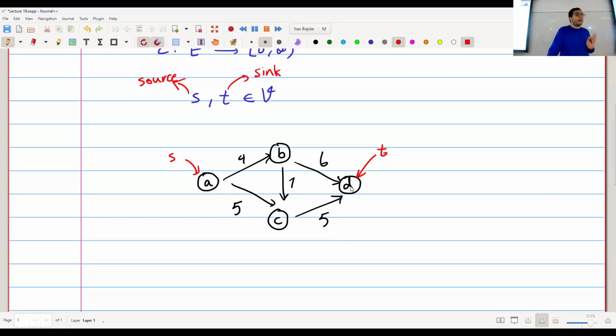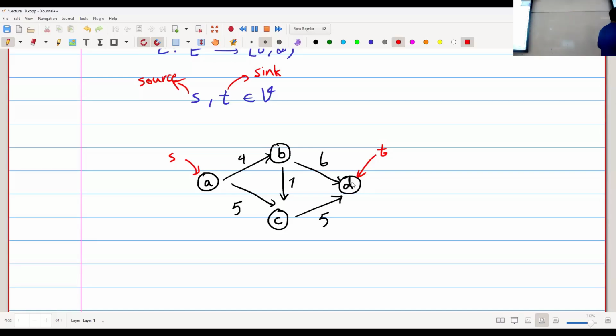But I want to have the maximum possible flow. So I want to open the biggest possible tap that I can at the source, such that all the water reaches the sink.